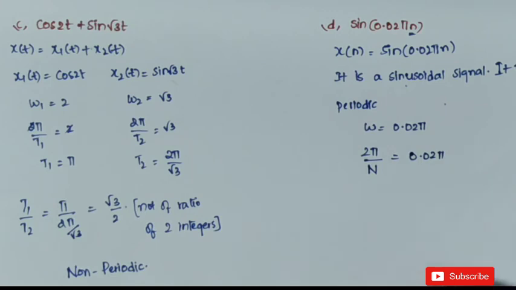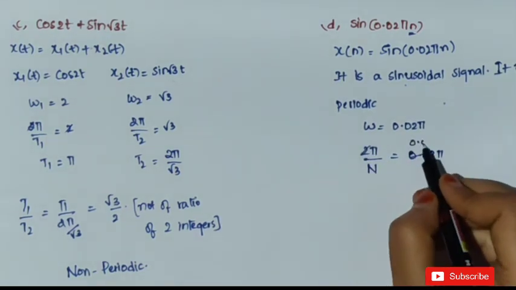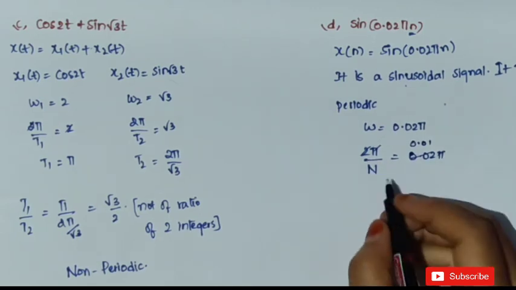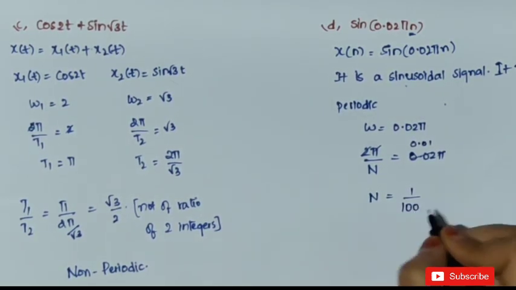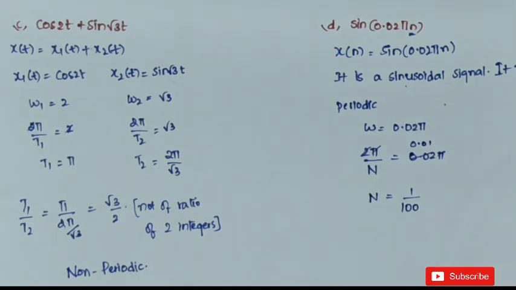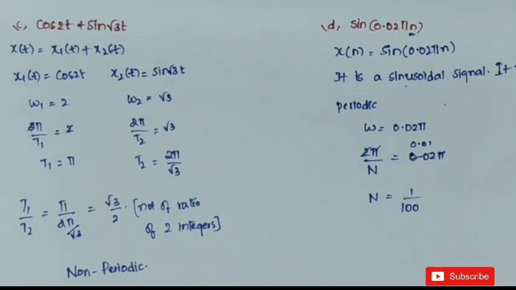For a continuous time signal, x of t is equal to x of t plus capital T. For a discrete time signal, x of n is equal to x of n plus capital N. Therefore, omega is equal to 2 pi by capital N. Now, N is equal to 1 by 100. It is the ratio of two integers. So, the signal is periodic and the period is 1 by 100.